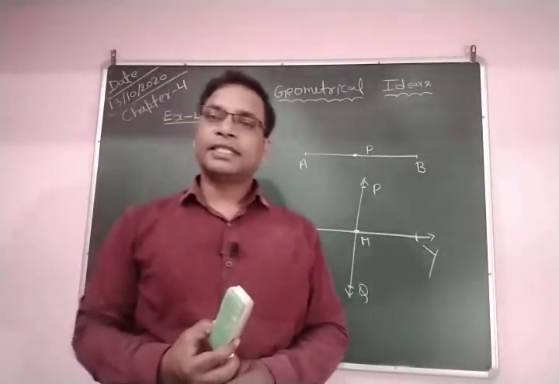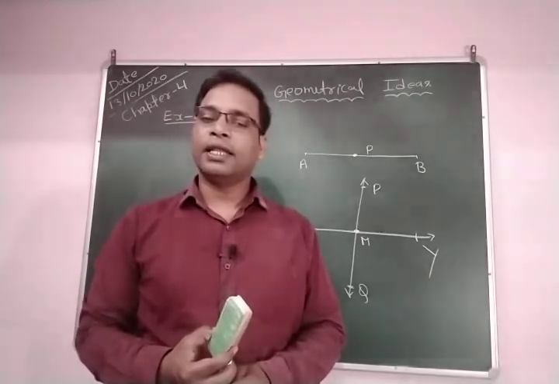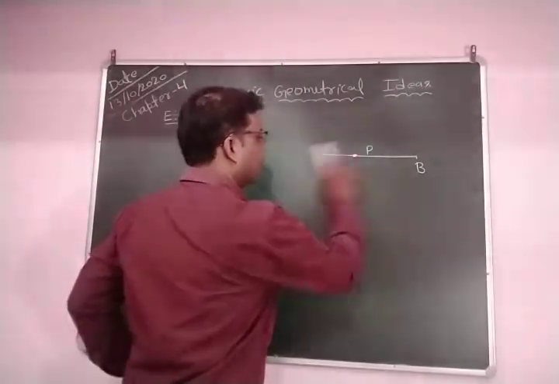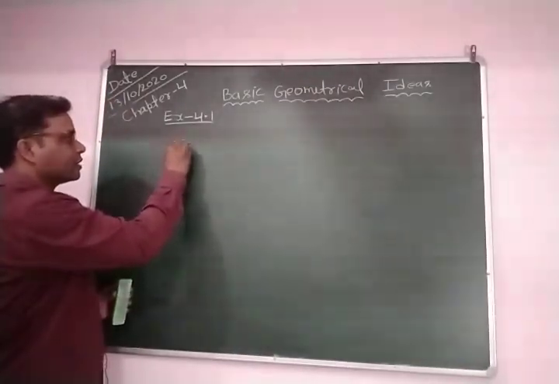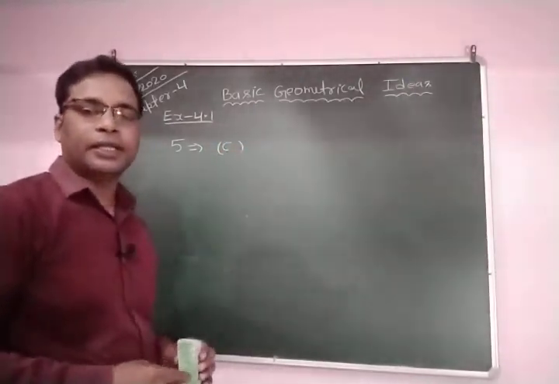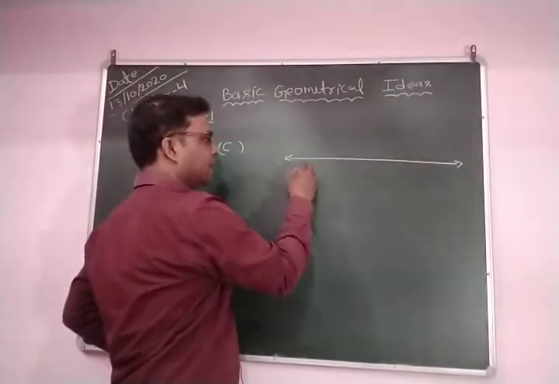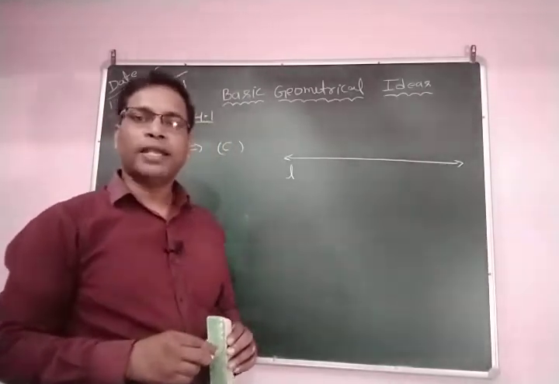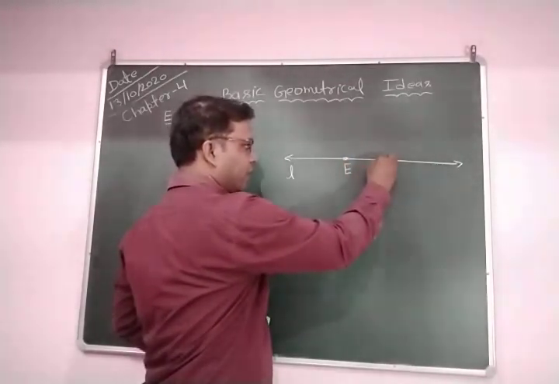Now part C of question number 5: line L contains E and F but not D. For this we draw line L that contains points E and F but not D. First draw line L. This is line L, which contains point E and point F anywhere on the line.